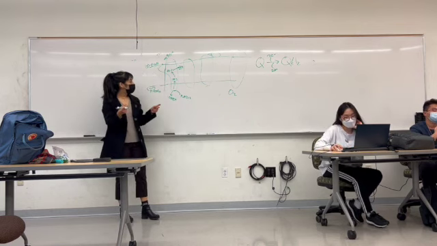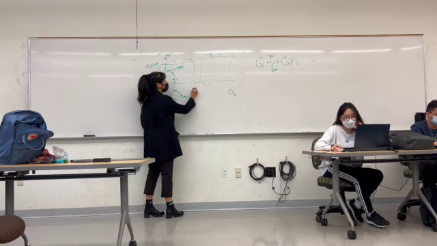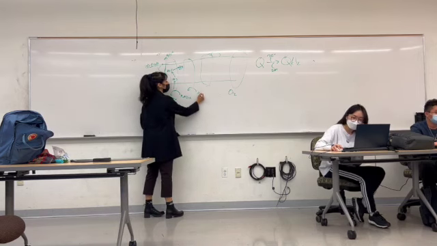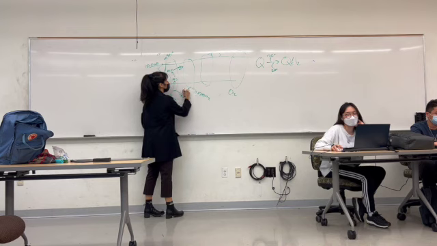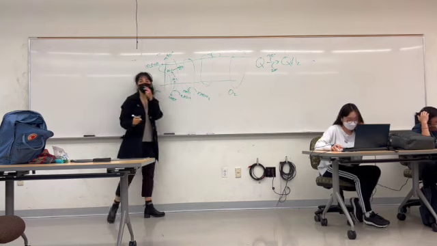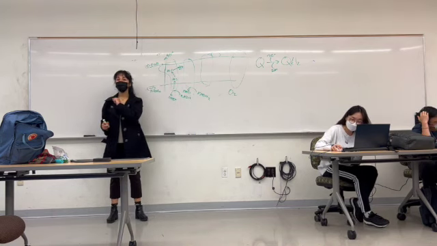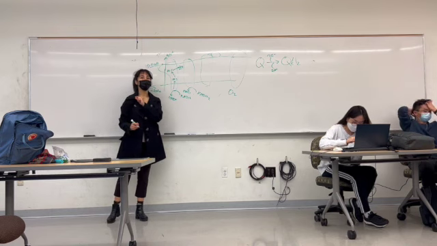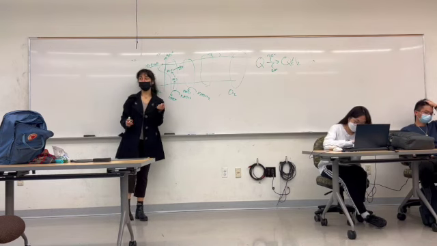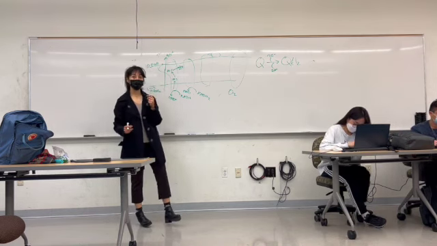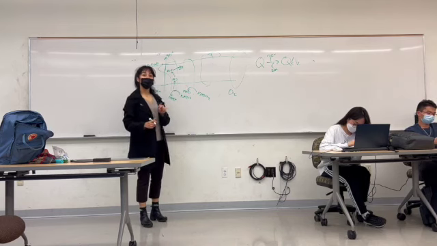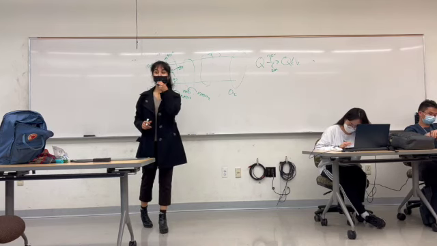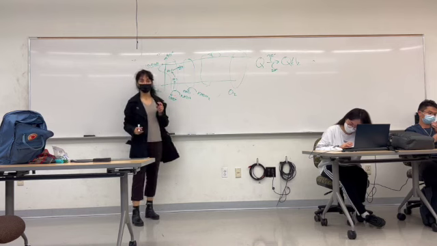So now, when we talk about succinate dehydrogenase, we are going from FADH2 to FAD. First of all, succinate dehydrogenase, have you seen that somewhere else? Yeah, you have. It's also in the citric acid cycle. This complex is in the citric acid cycle, but it's found in the electron transport chain.